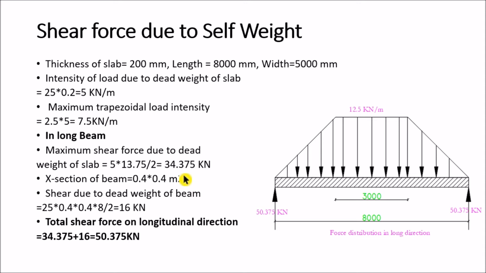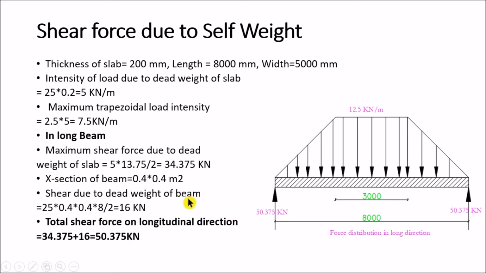In calculation of the dead weight, we have to calculate the self weight of the beam as well, because in ETABS it gives the combined result of dead weight of the slab and dead weight of the beam. So we have to assume the cross section of the beam, that is 0.4 meter into 0.4 meter. Then shear due to dead weight of the beam itself is 25, that is the unit weight of concrete, times 0.4 into 0.4 into 8 by 2. 8 is the span.